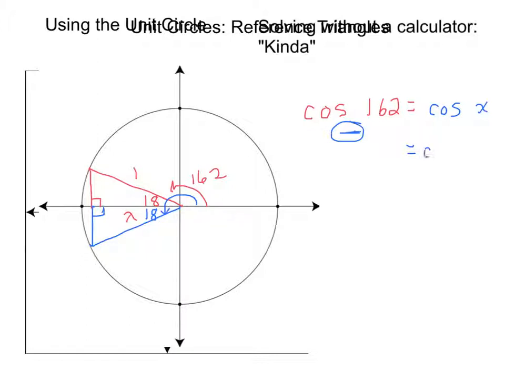It'd be cosine 198. So cosine 162 equals cosine 198. That's when I say we're going to solve without a calculator, kind of. It'll get a little bit more difficult, like instead of saying cosine equals cosine, it might say cosine equals a sine. But if you get those concepts right now, you should be okay for almost all of our unit circle things.